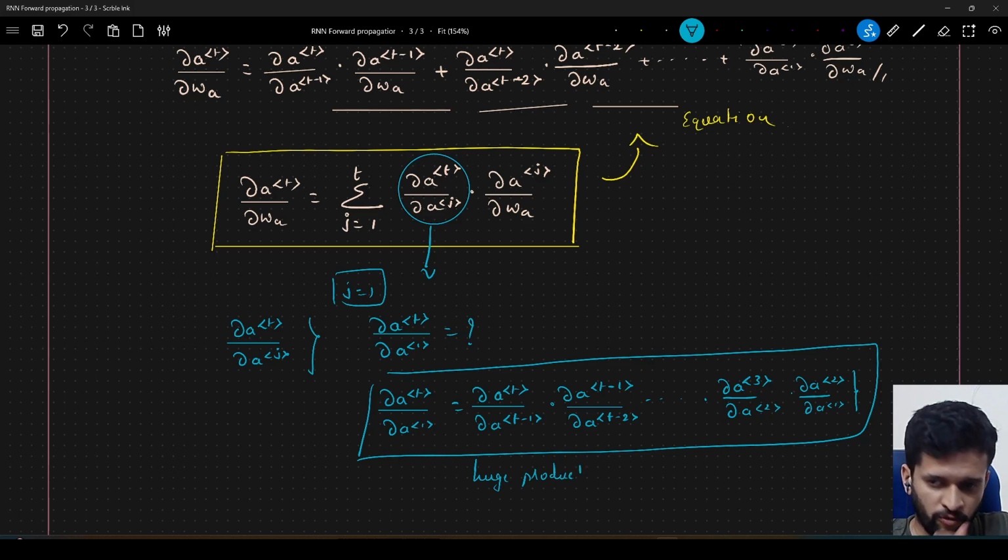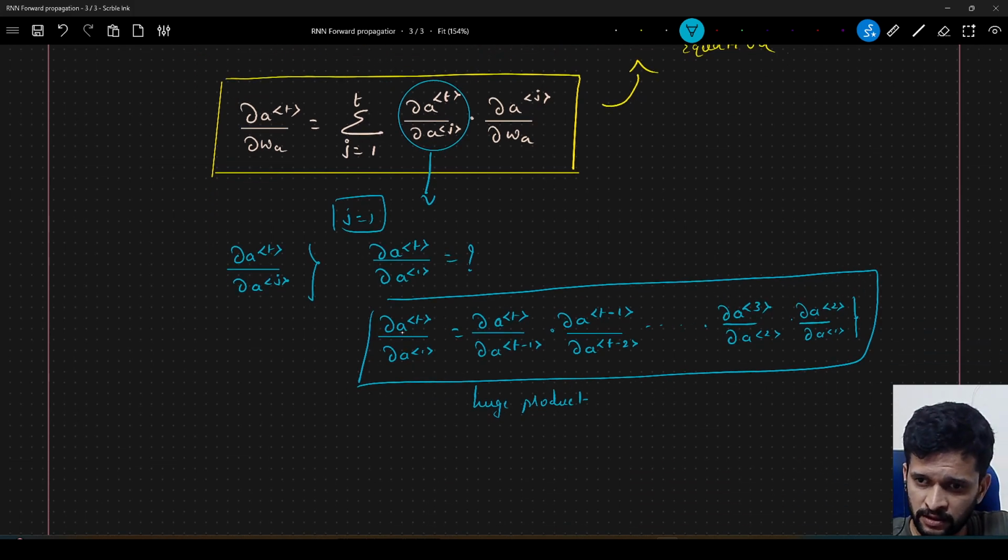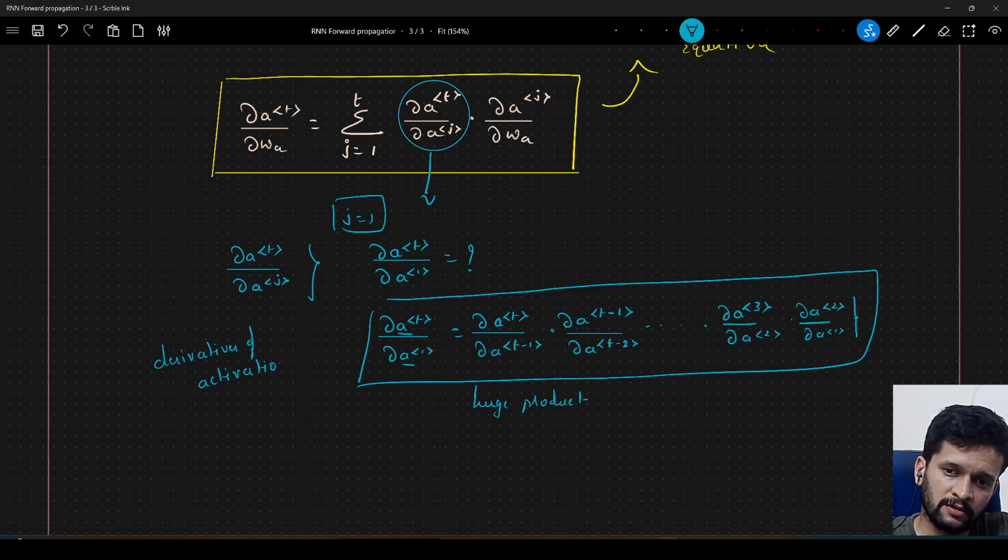right? If we have a big statement with, let's say, 100 or 200 inputs, sequences or tokens, this will be a multiplication of the derivatives for all those 100 or 200 tokens with respect to the activations. And if you look at this, these are all derivatives of activations, correct? And what are these activations?